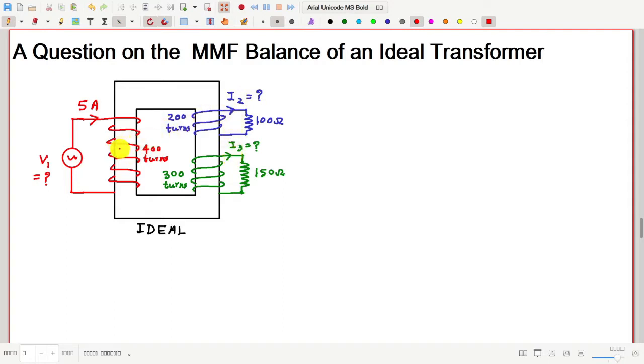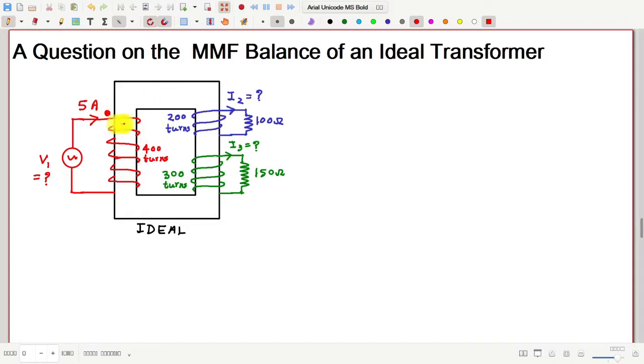Before we solve it, we have to find the dot positions for the 3 coils. For the first coil, we can put the dot either on the top side or on the bottom side. It doesn't matter, so let us put the dot on the top side.